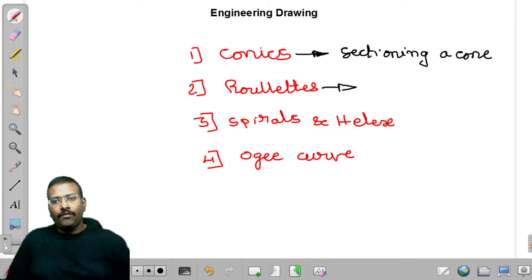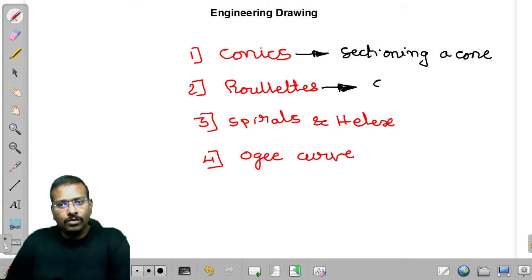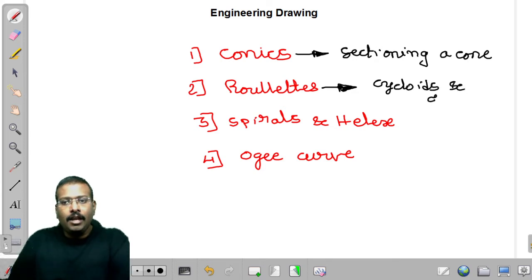Roulets, you are familiar with two popular roulets: cycloidal curves and involutes. Cycloids and involutes both come under roulets.